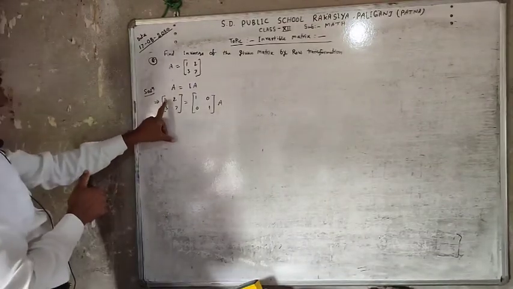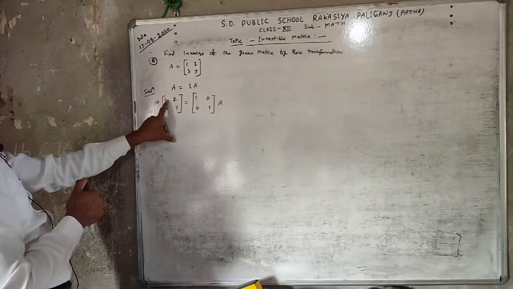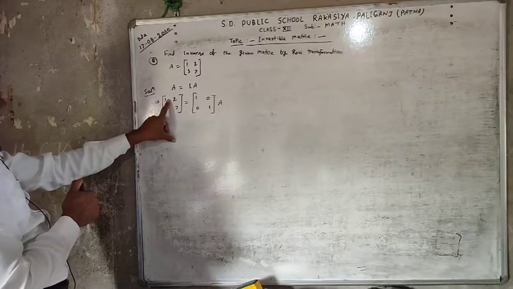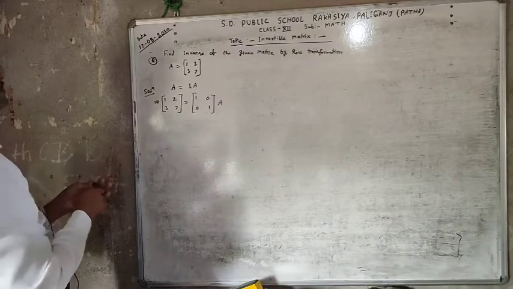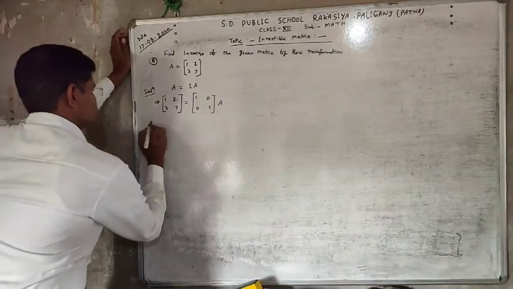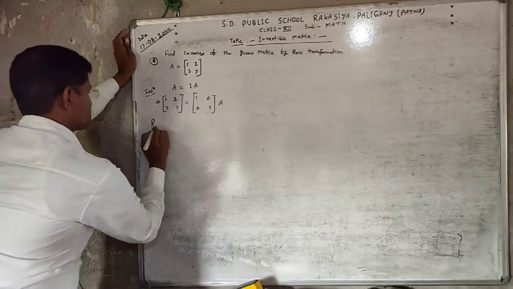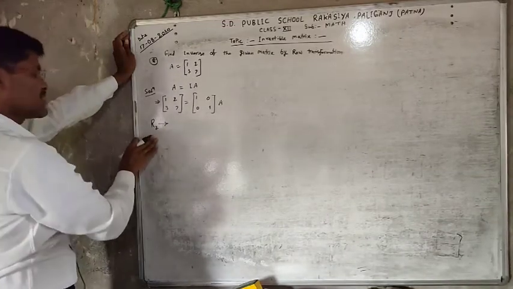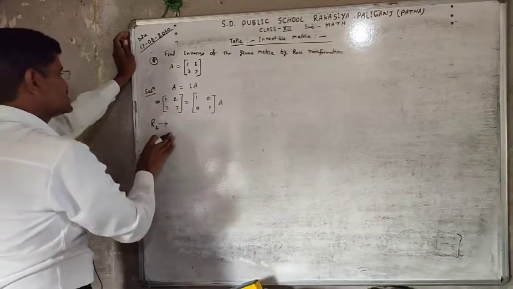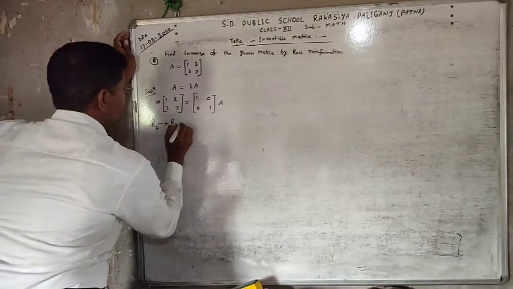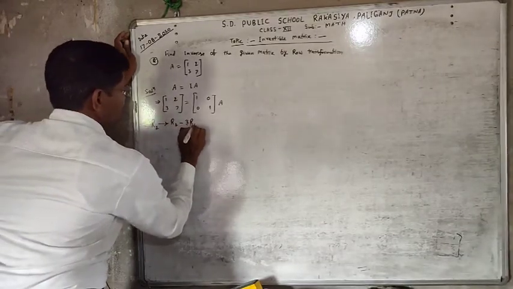For this, we multiply the first row by 3 and subtract it from the second row. In this operation, the second row R2 is changed into R2 minus 3R1.